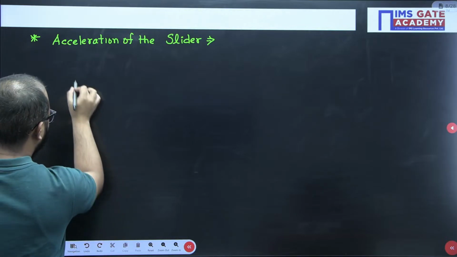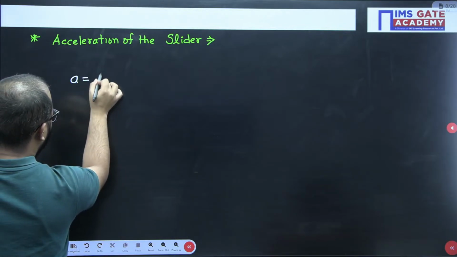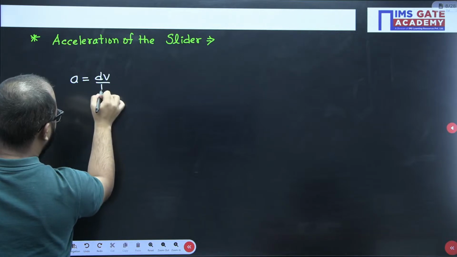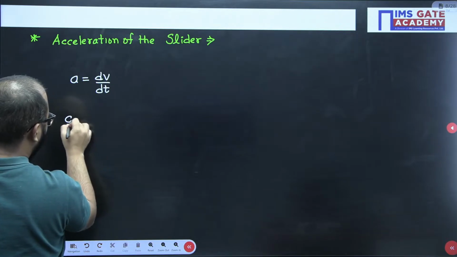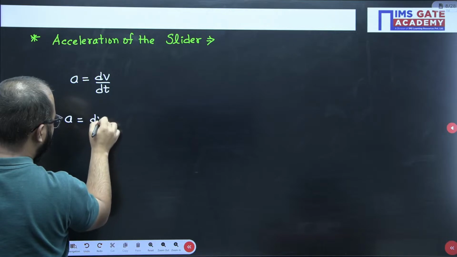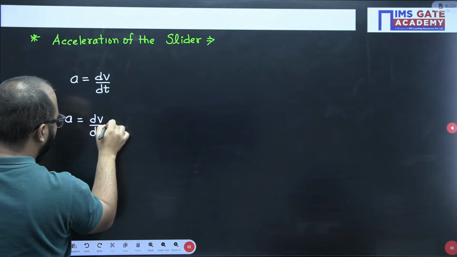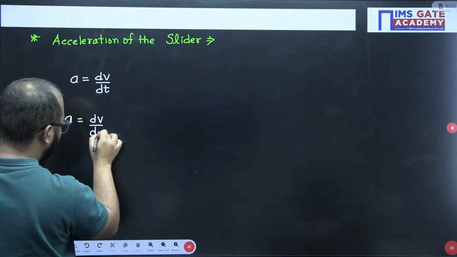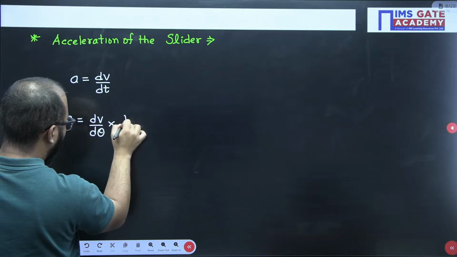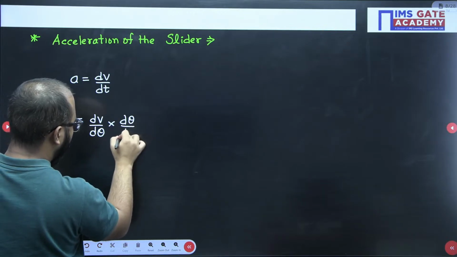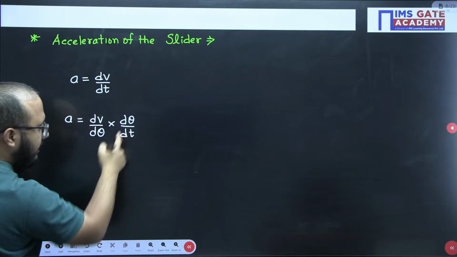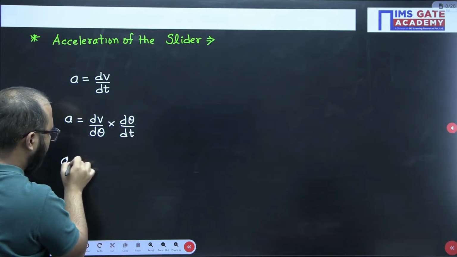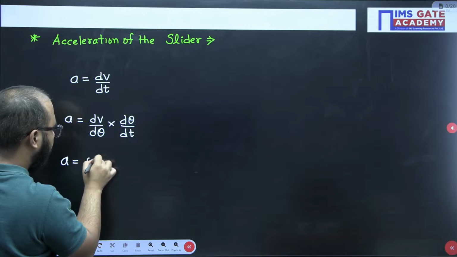Acceleration dv by dt. Again, velocity is a function of theta, so dv by d theta multiplied by d theta by dt. So d theta by dt, again angular velocity of the crank, right?